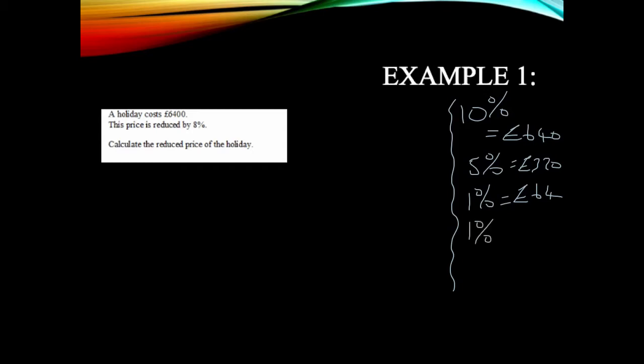So if we worked out what 10% was first, that's dividing by 10, so 10% would give me £640. If I had 5%, that's half of that, so that's 320. And if I had 1%, that'd be £64. So I've got another 1%. I'm trying to make 8% here out of a 5 and 3 ones.